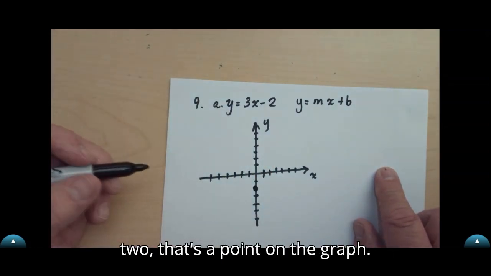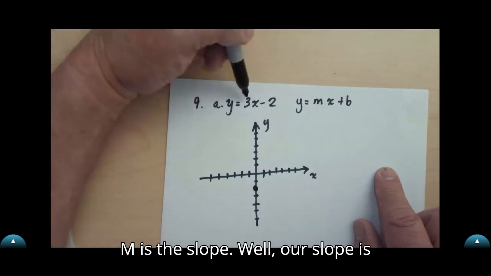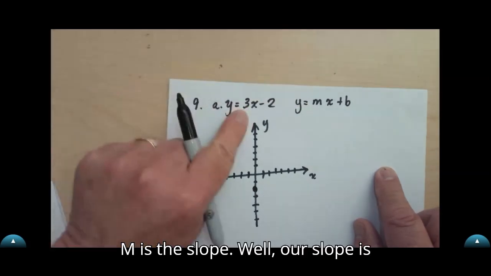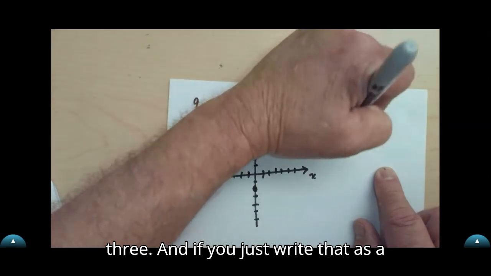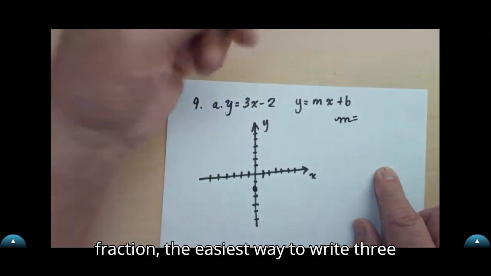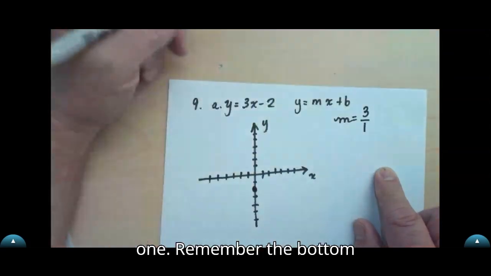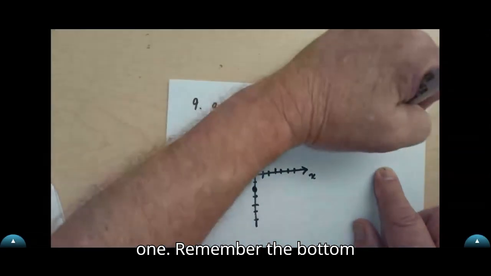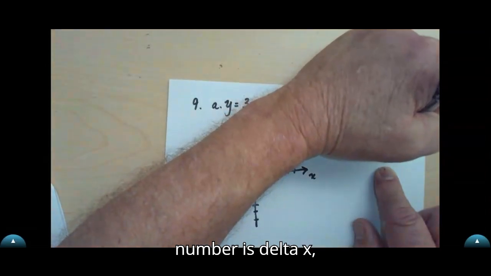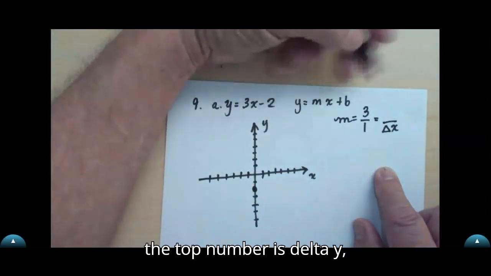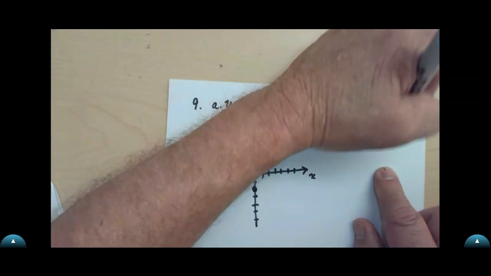That's a point on the graph. m is the slope. Well, our slope is 3. And if you just write that as a fraction, the easiest way to write 3 as a fraction is to say it's 3/1. Remember, the bottom number is delta x, the top number is delta y.